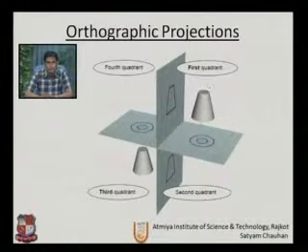So that is the first quadrant, and after that the second quadrant, and this way it will exchange the position. In the third quadrant the front view will be below this XY line, let us say below the horizontal plane, and the top view of the third quadrant will go above the XY line.